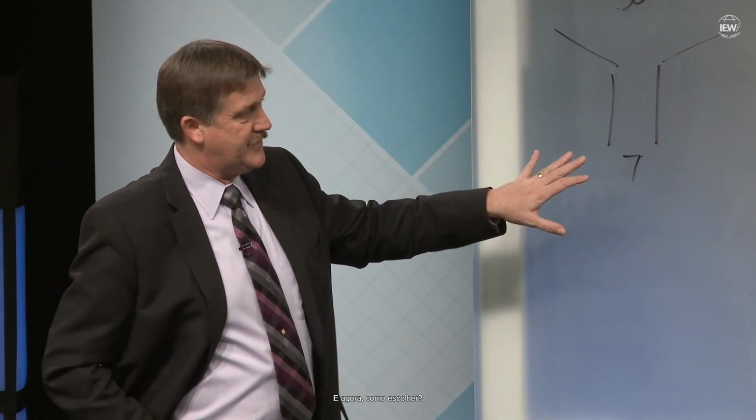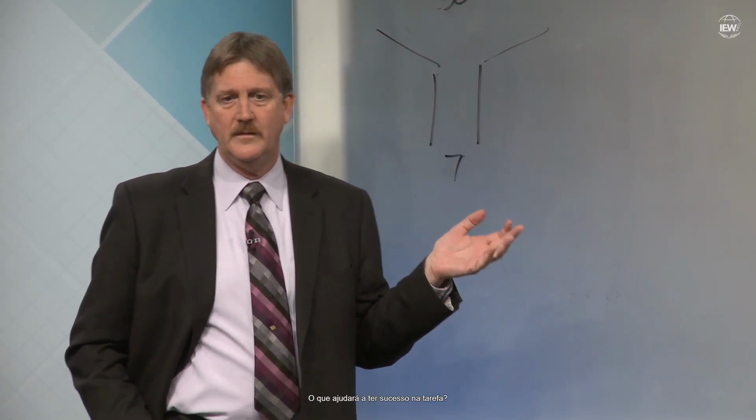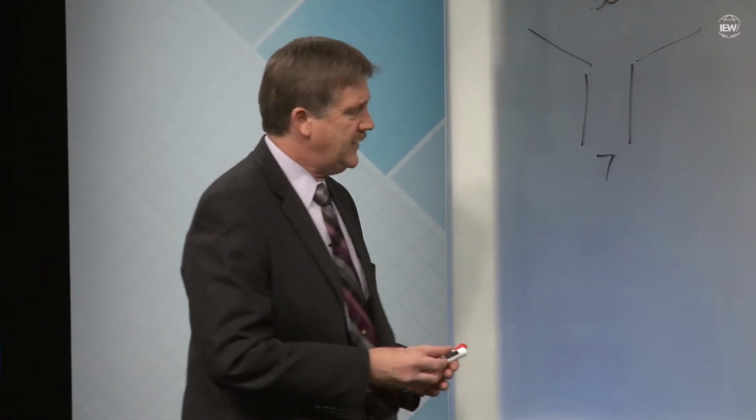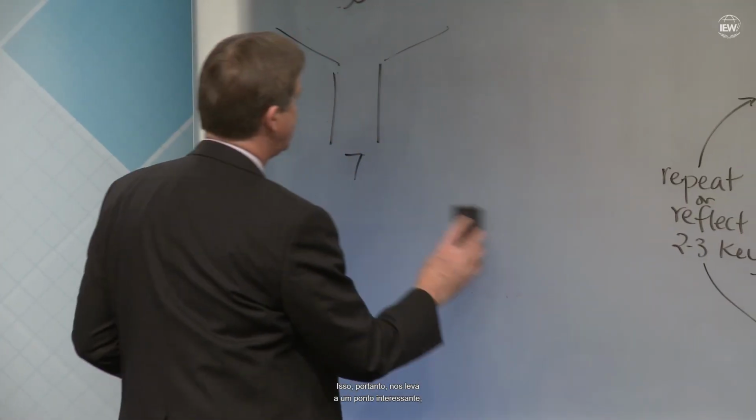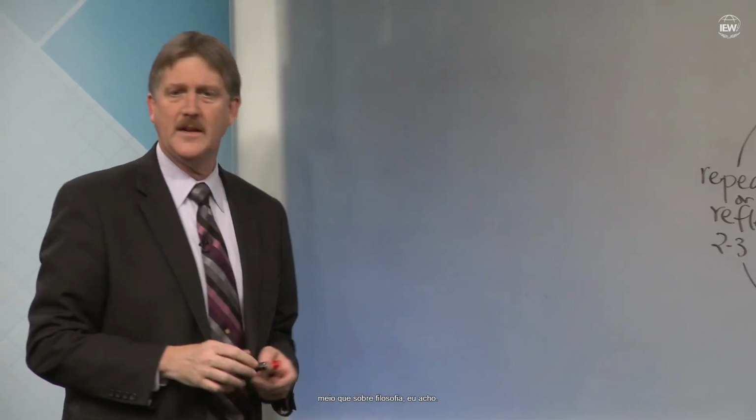Now, how to choose? That's what they want to know, because they want to know, what will make you happy, what will get them a good grade, what will help them be successful in the assignment, right? So this then brings us to an interesting point, kind of teaching philosophy, I guess.